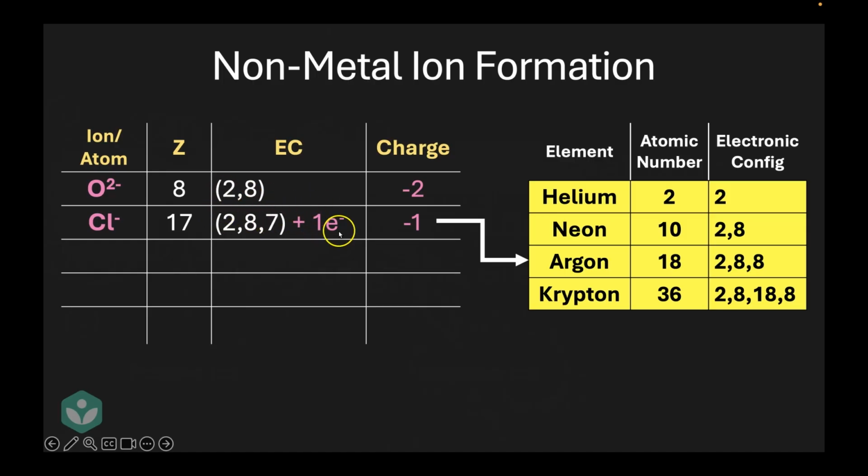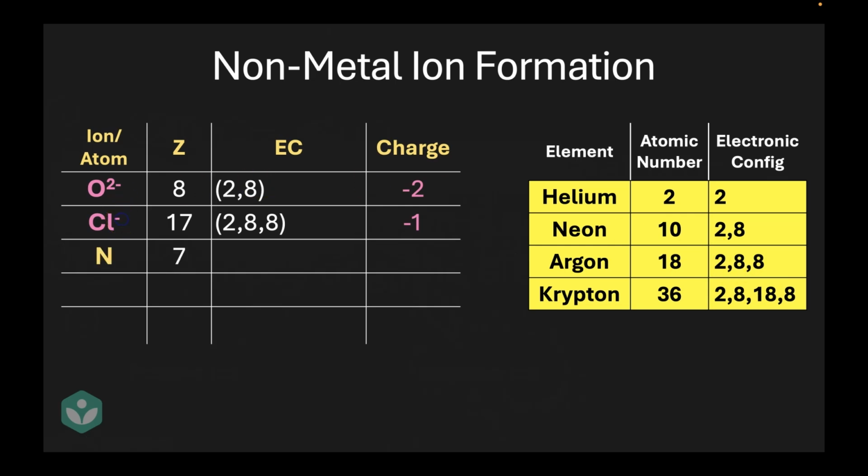Why is that? When this 1 electron is added to the chlorine atom, it goes and sits in the outermost shell and adds to the electrons in the outermost shell, and this chlorine -1 ion has an electronic configuration of 2, 8, 8, and this is identical to the electronic configuration of argon, so the chlorine -1 ion is stable, right?